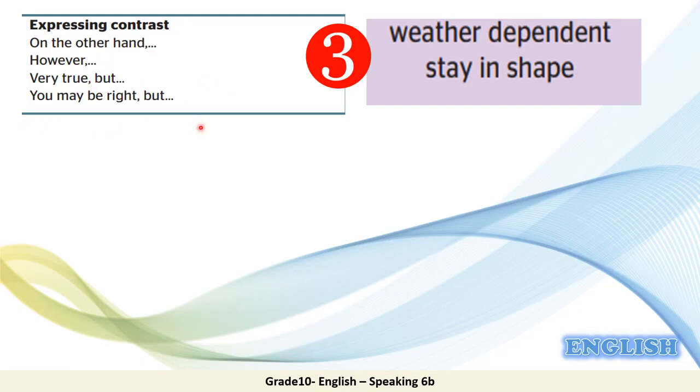So, how about you try to put together these sentences with these phrases and try to figure it out. For example, we can say, on the other hand, it depends on the weather, and so on. This is your hint. Pause the video for 1 minute and try to write a comprehended sentence using these sentences and these phrases.